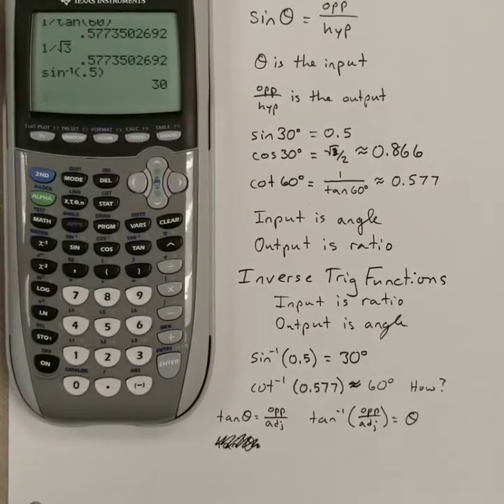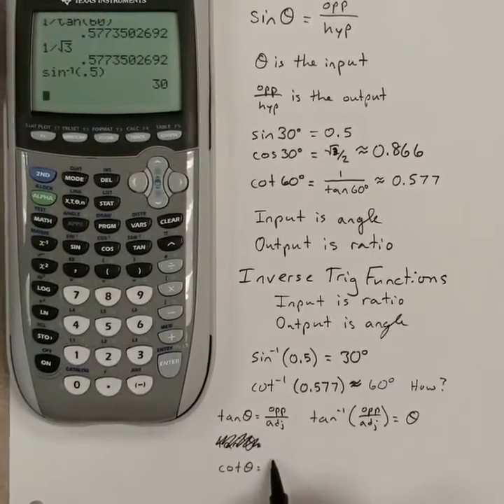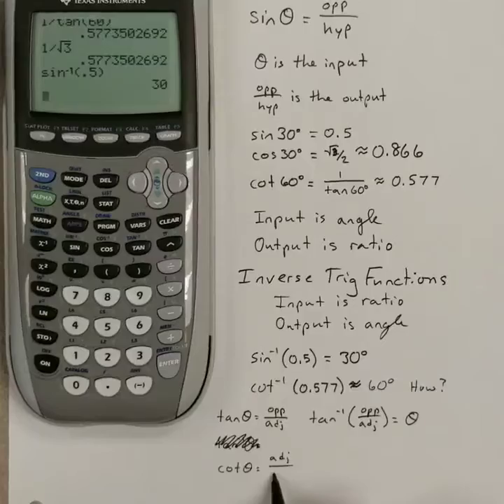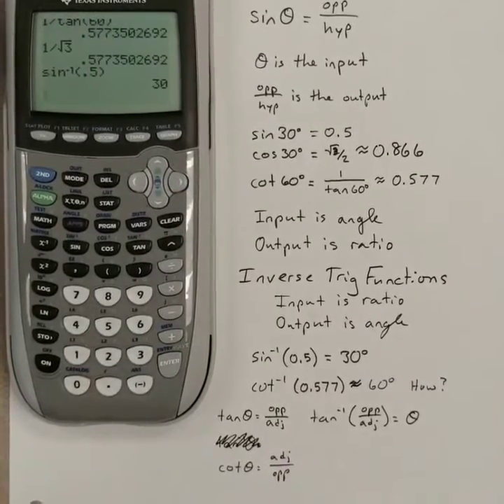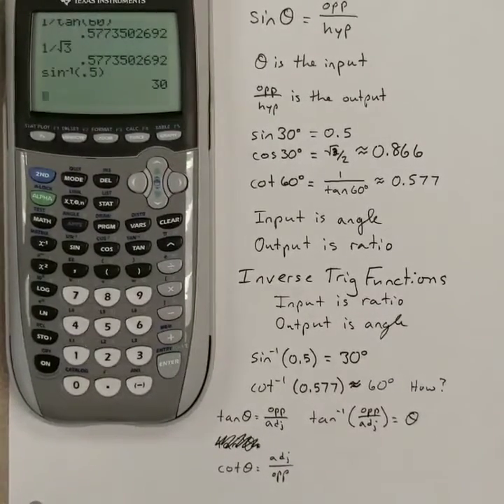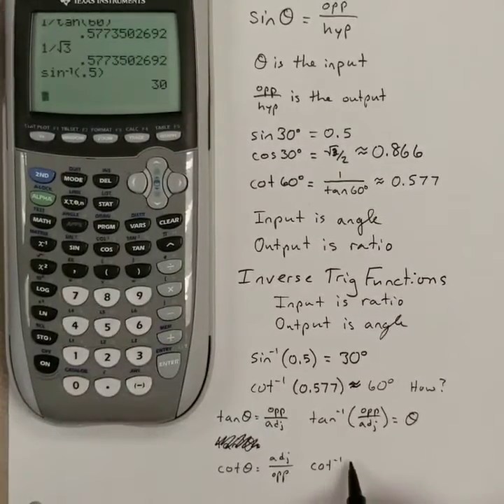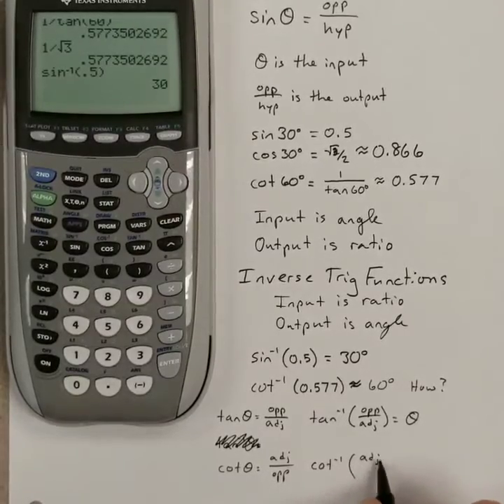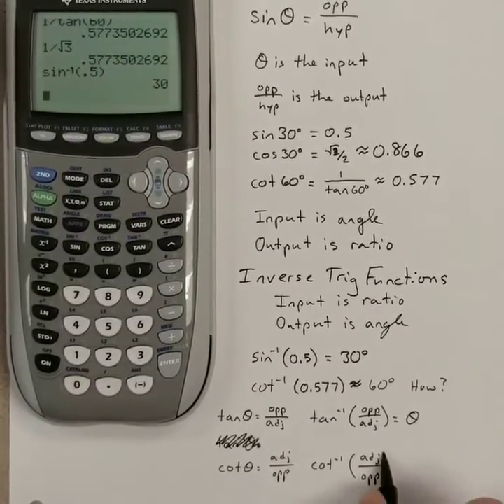Now I know that the cotangent is the reciprocal, adjacent over opposite. And so when I do the inverse cotangent, it'd be the inverse cotangent of the adjacent over the opposite.